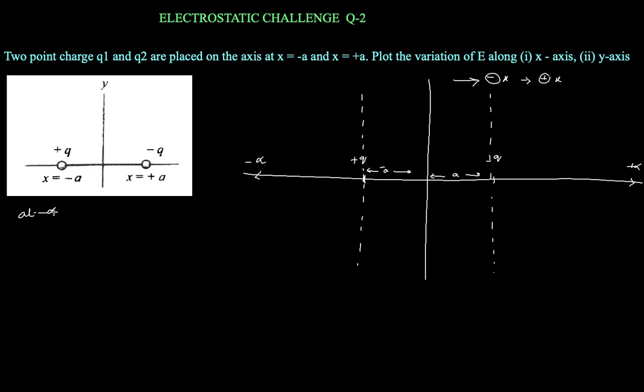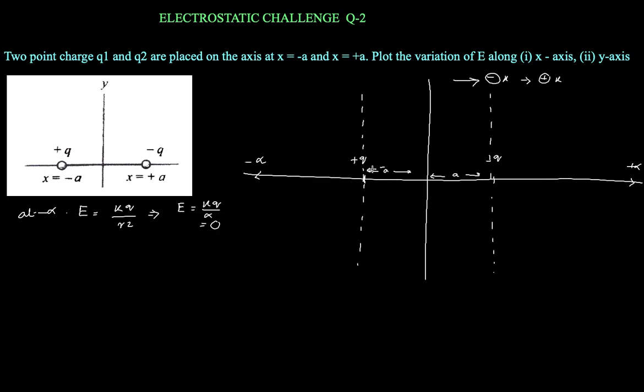minus infinite, what is the electric field? E is equal to k q by r square. So here r is equal to infinite, E is equal to k q by infinite, that is nothing but 0. That means the electric field at this point is 0. And what is the direction of electric field?